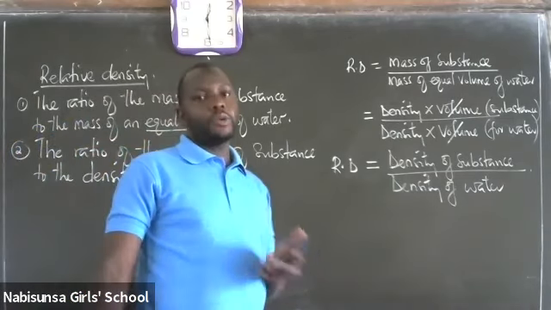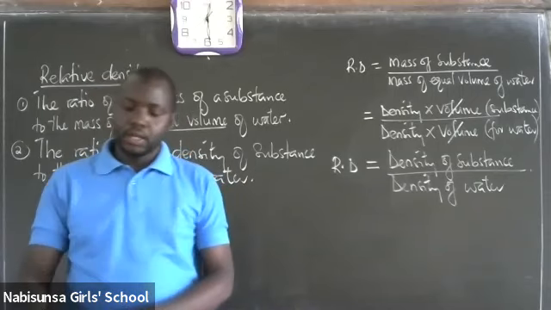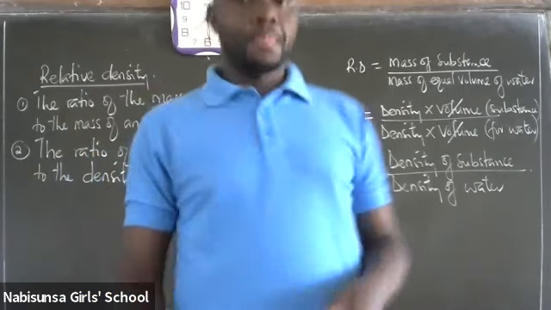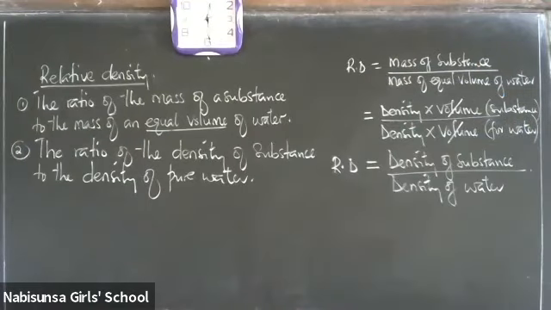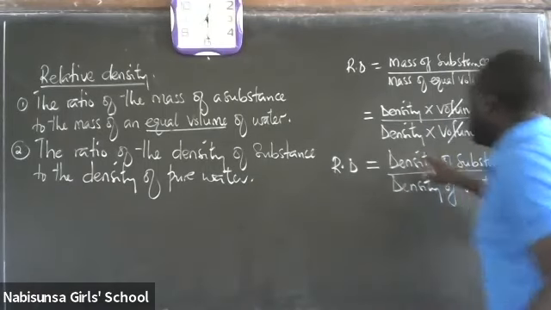Now, before we do examples, I want us to realize that density is related to whether a body should be able to float, say in water, or should not be able to float in water. How? If a body has a relative density which is less than 1, because remember this one is going to be a fraction.